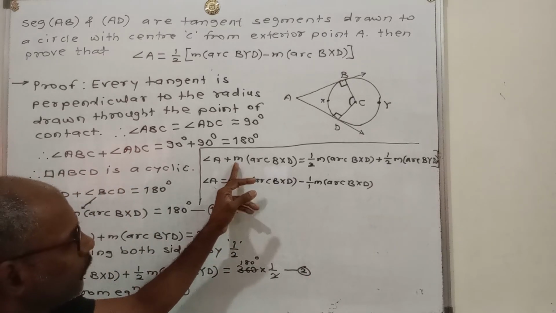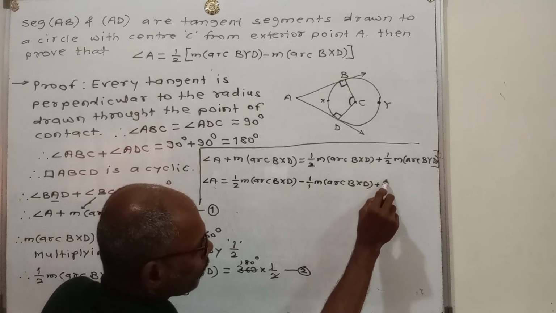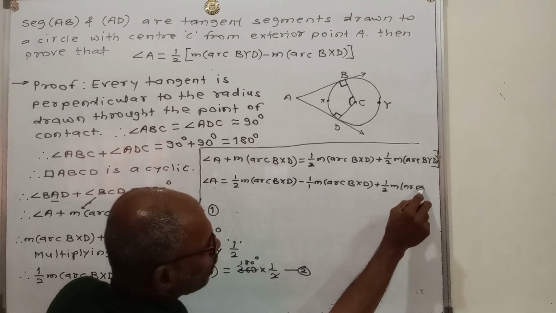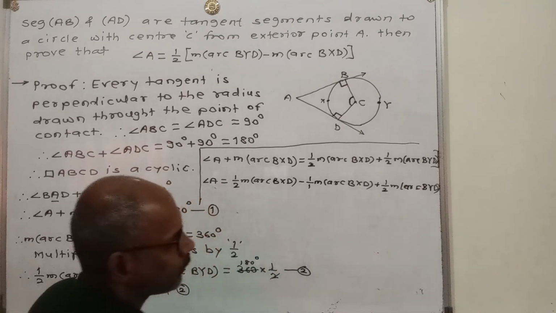Here 1 major arc BXD plus 1 upon 2 major arc BYD.